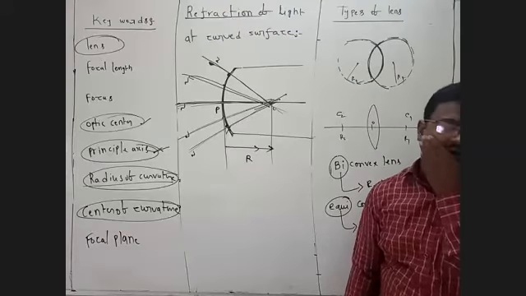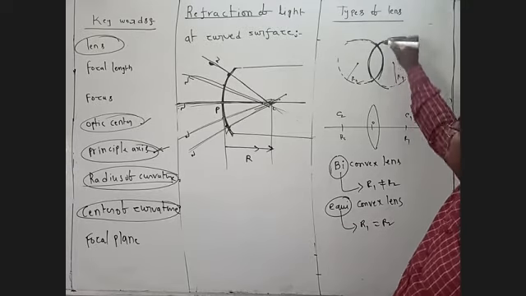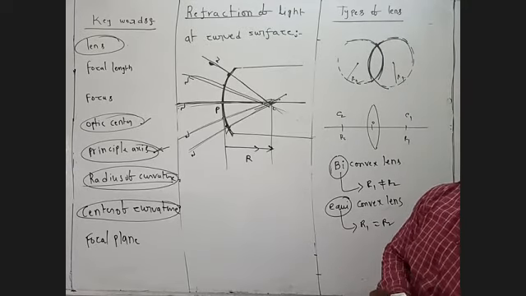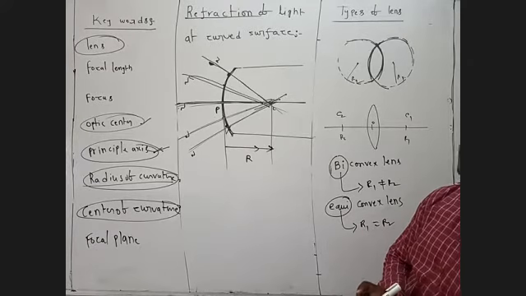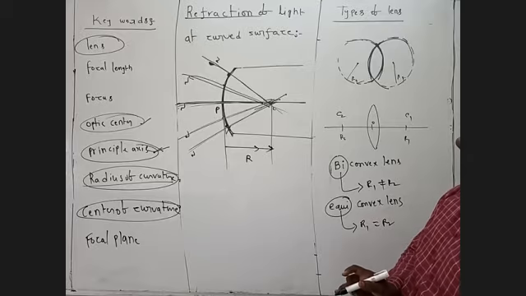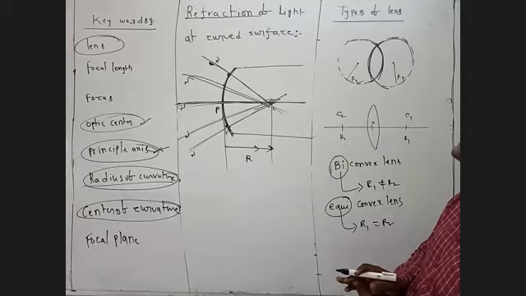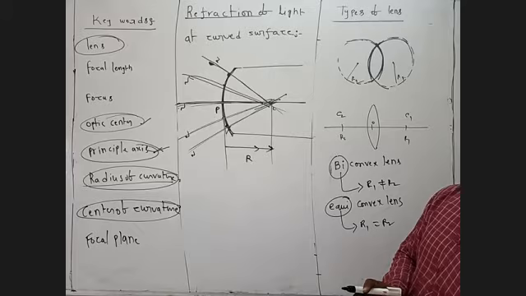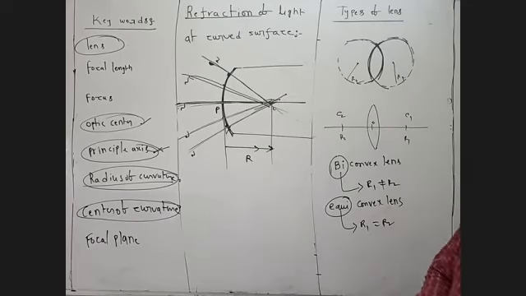So a convex lens is formed when a transparent material is bounded by two surfaces, and both surfaces are curved outwards. This is a convex lens.